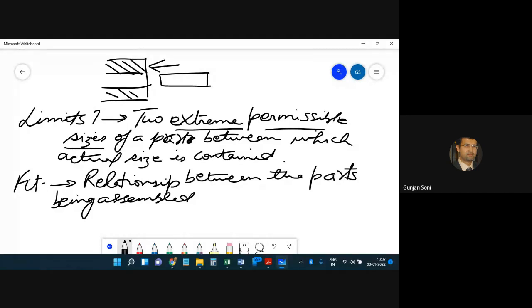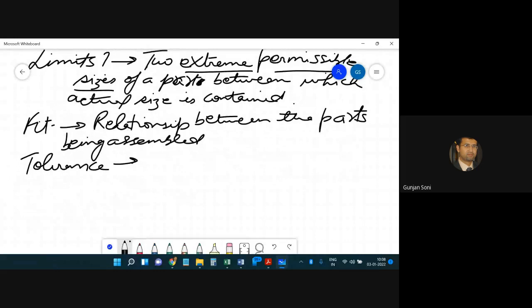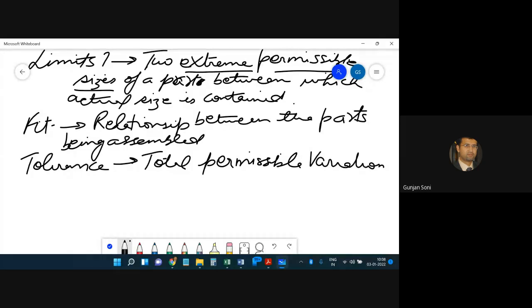And then the third one is tolerance. Tolerance is defined as the total permissible variation of a size.